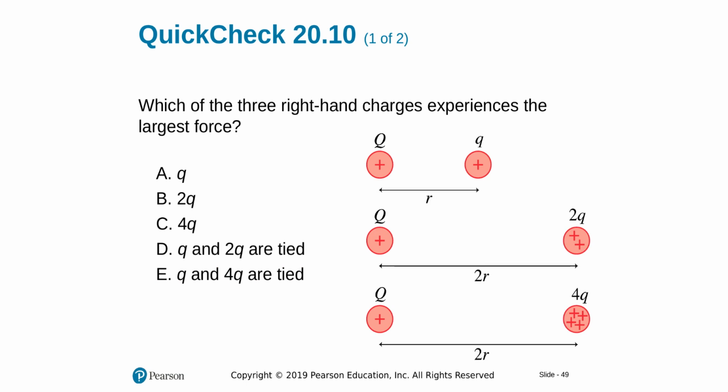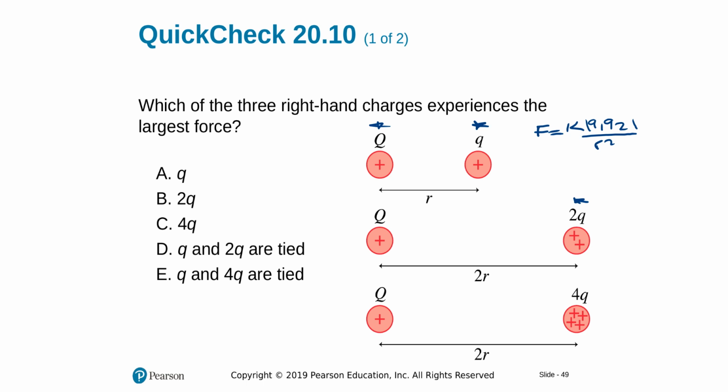This one is asking about which of the 3 right-hand charges experiences the largest force. Again, we'll write down our equation. K Q1 Q2 over r squared, general equation here. Instead of Q1 we have capital Q here, and Q2 is either Q, 2Q.